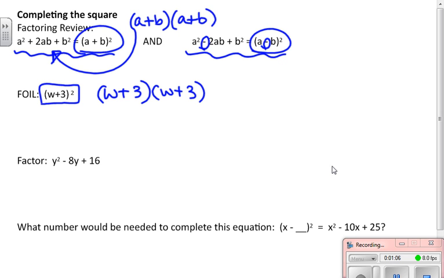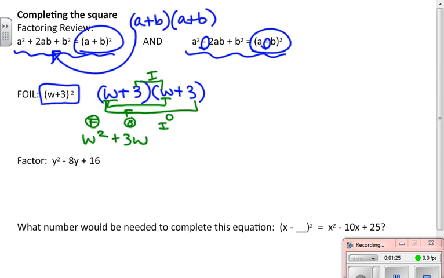And so if we look at the first two terms times each other, we get w squared. The outside terms, 3w. The inside terms, plus 3w.